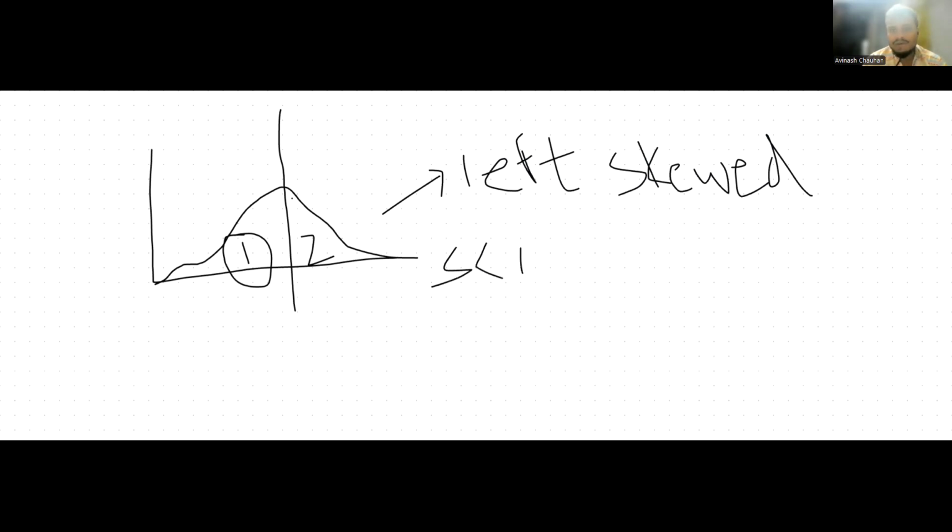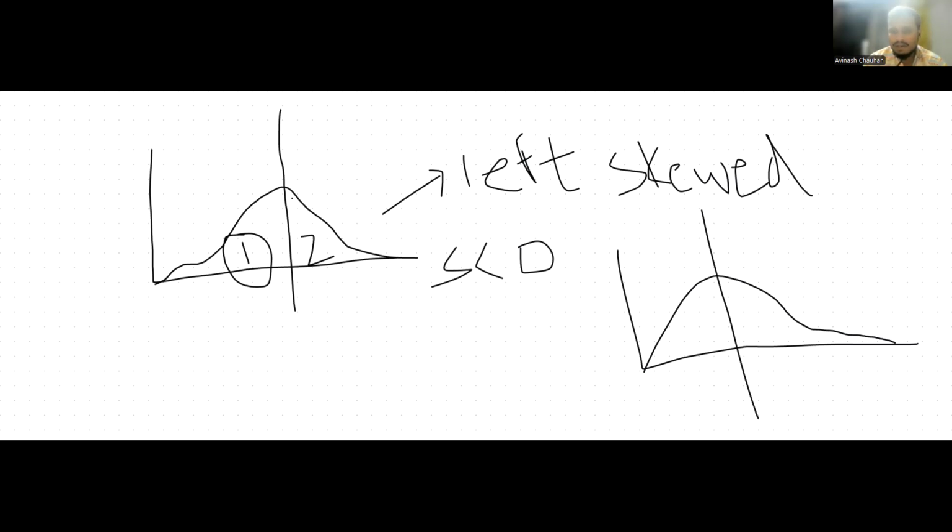And when it is right skewed, for example, if my graph is like this and I divide it into two equal halves, then you can see my right side, my second portion, is not symmetrical, because this particular part is my outliers.